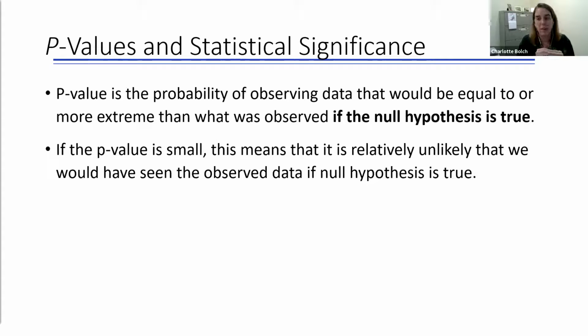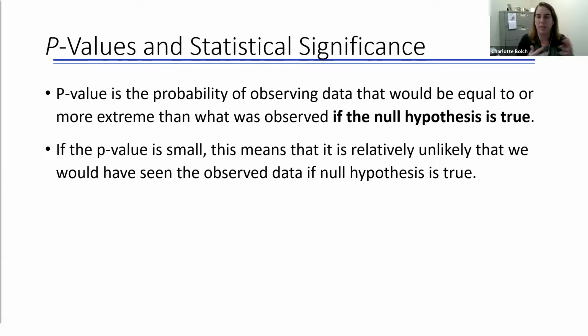And so if our p-value is really small, this means that it's relatively unlikely that we would have seen this observed data if the null hypothesis is true. We have our null hypothesis, and we're usually saying that there's no difference going on in the population. If the probability of observing this data under the null is really small, then we assume that there's something going on in this sample.